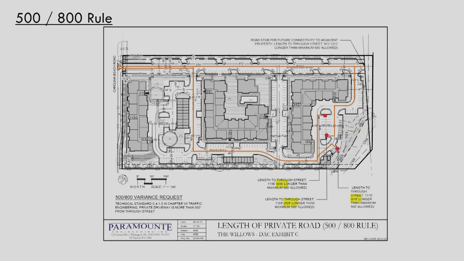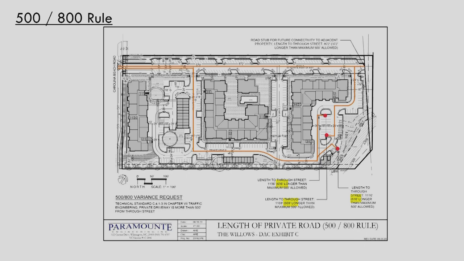The last of our requests is what we affectionately call the 500-800 rule, and I know you all know it well, so I won't go through the details of it. But essentially, to get to any of the farthest parking spaces on the site, we are beyond the 500 feet we are allowed to travel from the through street, which is Carolina Beach Road in this instance.